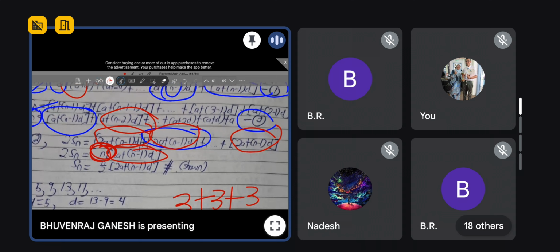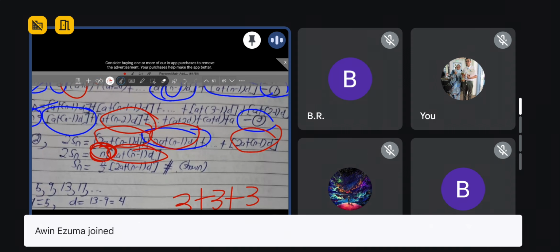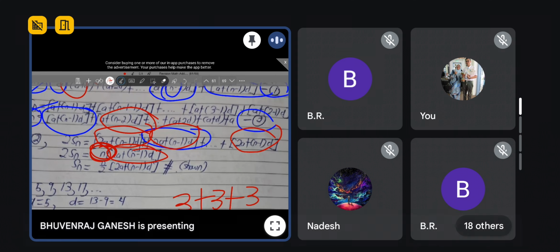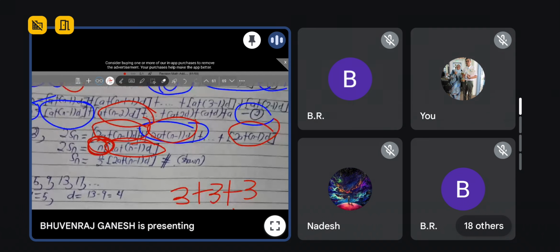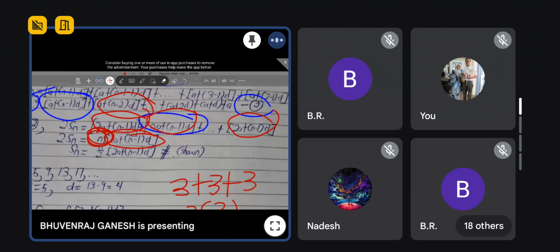Tapi kita tak tahu nilai N tu sahaja. We don't know the N value. That's why kita letak N ke depan. Can you get it, guys? You try to relate the bottom example with the top example. Exactly the same. Okay? So then, you can already prove the formula. Kamu dah buktikan. Get it? This is for part A.